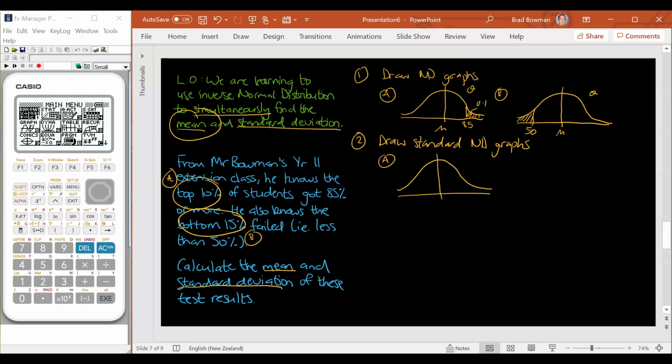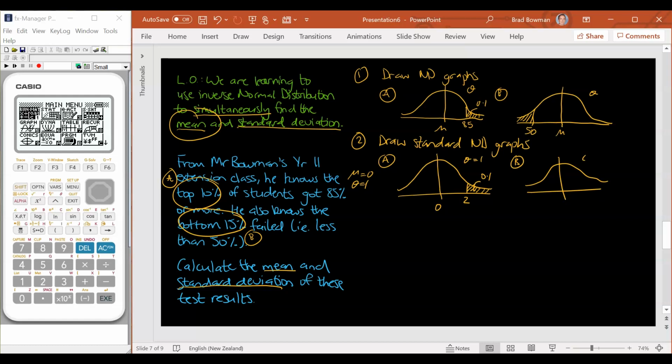Just a reminder, in a standard context, the mean becomes 0 and the standard deviation becomes 1. So we've got 0 and a standard deviation of 1. And we lose our 85, so we don't know this, but that becomes z. And we know the probability is still 0.1.